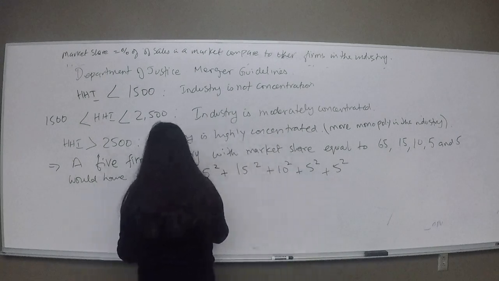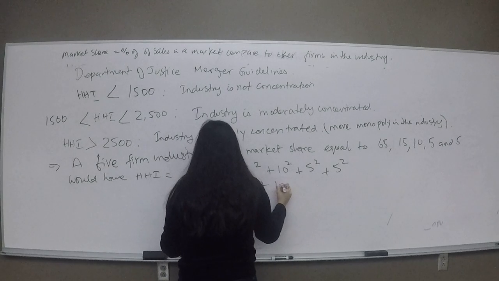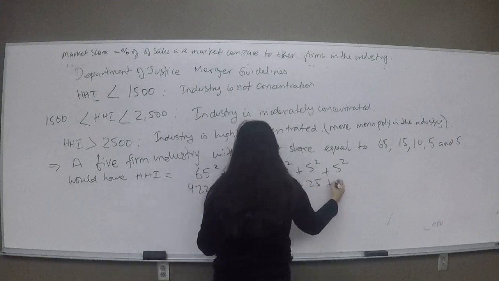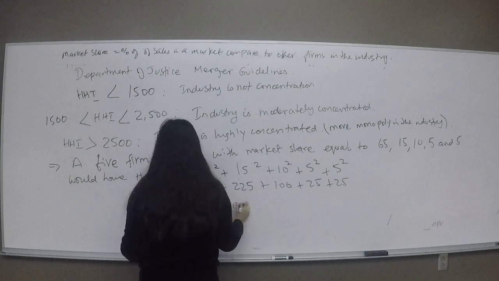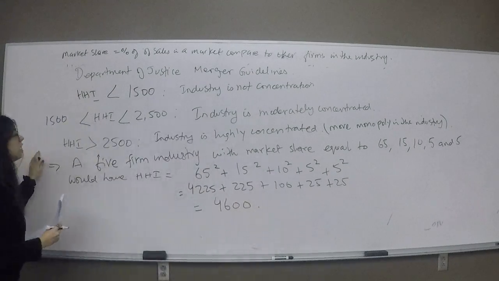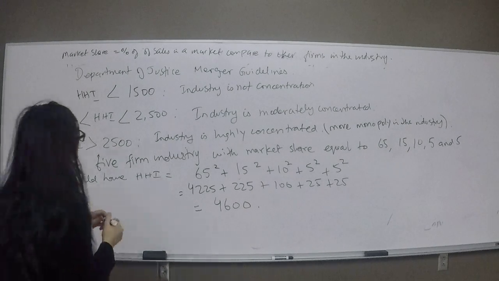So 65 squared is 4225, and the HHI is equal to 4,600. According to the HHI guidelines, is this concentrated or not concentrated? Highly concentrated.